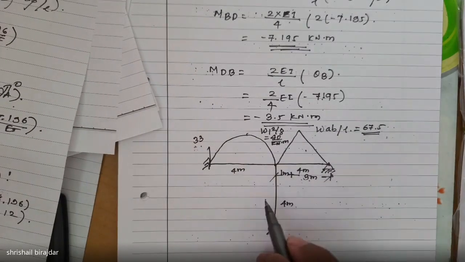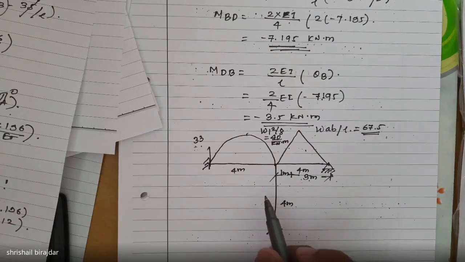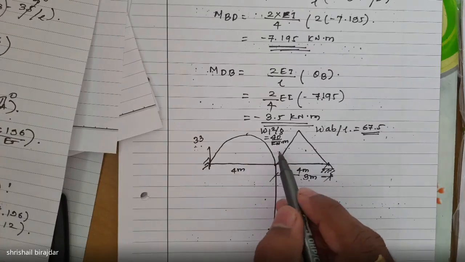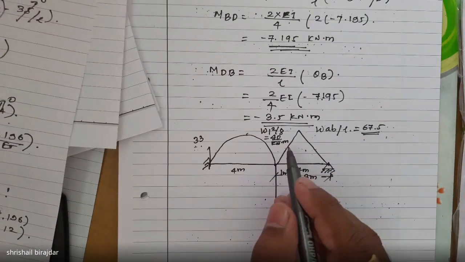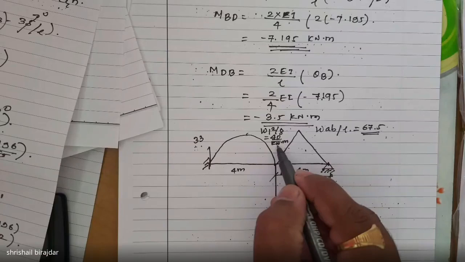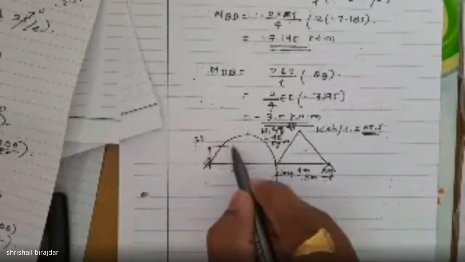Okay, 33 here, and for AB you will get 12, and for BC you will get 48. Here is the 12. We just join it.